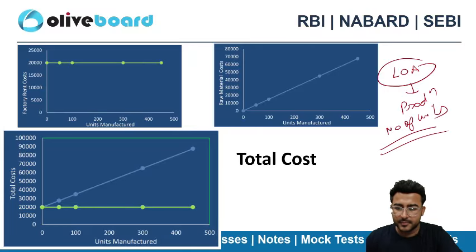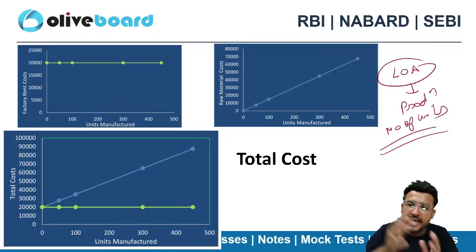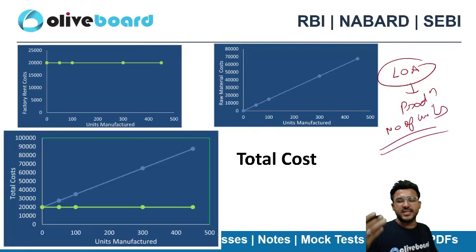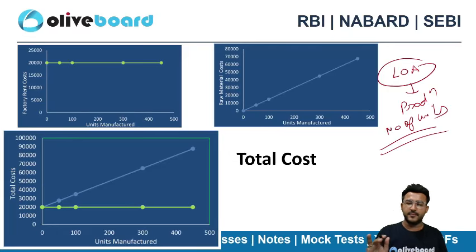Only the cost that changes as per the level of activity is variable cost. If it's not changing, it will be fixed cost.